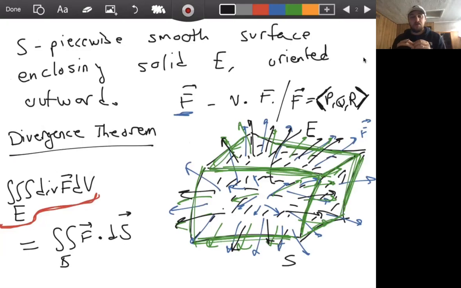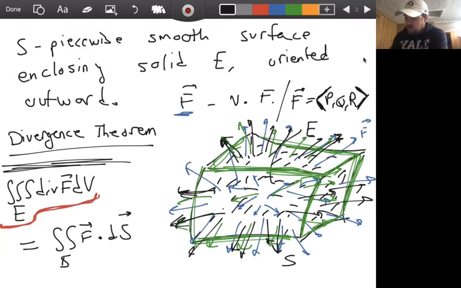And so the rate at which things are flowing out of E must be the same as the rate of things flowing through S, since the only way you can leave E is to go through this gate that we're calling S here. That's this boundary surface. And so this gives us hopefully an intuitive idea along with the rigorous understanding of the divergence theorem.